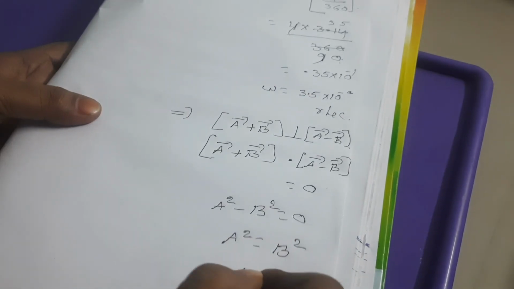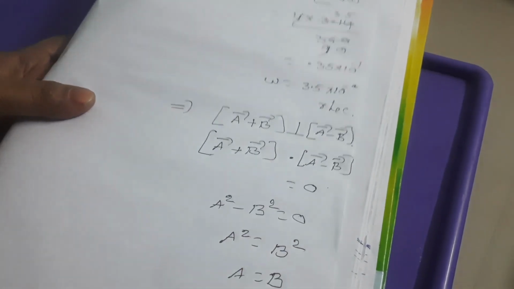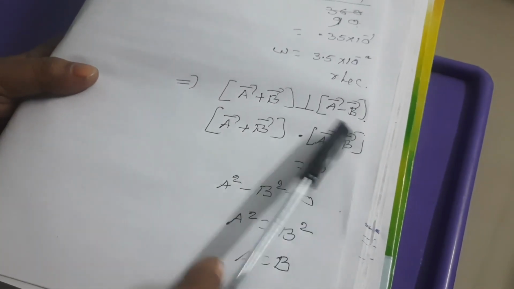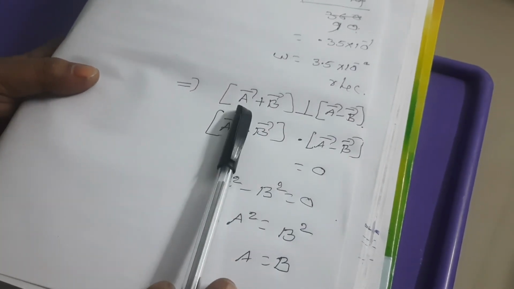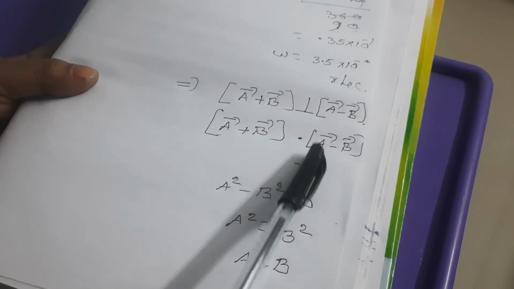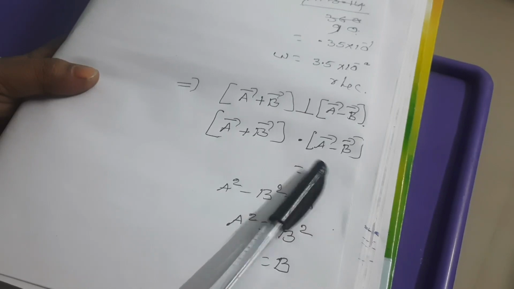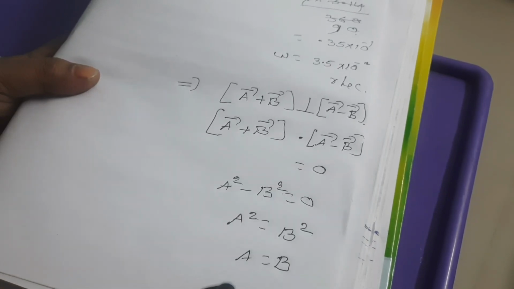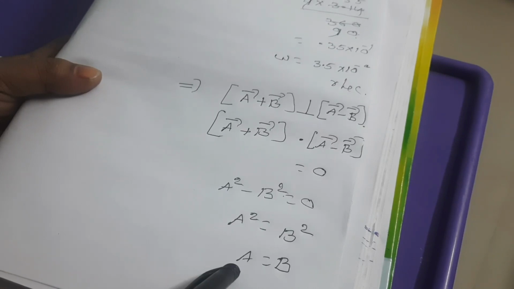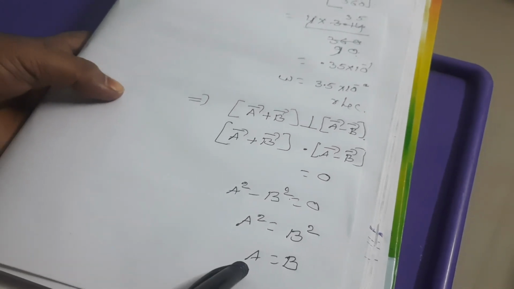So a equals b. Look here, the sum of the vectors is perpendicular to the subtraction of the two vectors. Then we go through the dot product equals 0. Finally you can say that both have the same magnitude.